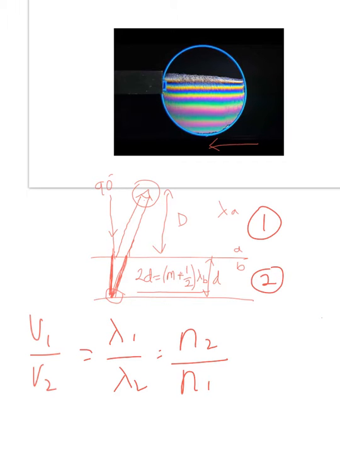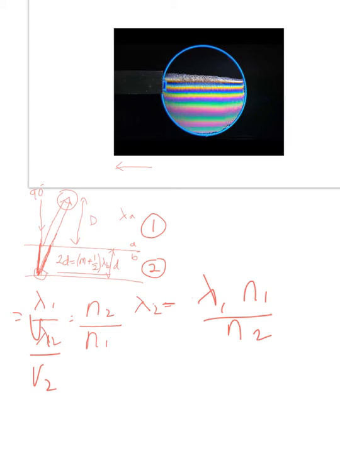So if we express lambda B, or lambda 2, as I've written it now, lambda 2 is equal to lambda 1 n1 over n2, refractive index of material 1 over refractive index of material 2. Remembering that if the incident material is air, then n1 becomes 1. So now we have lambda 2 equals lambda 1 over n2, which is the refractive index of the material.